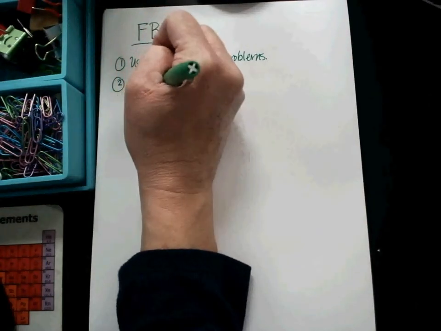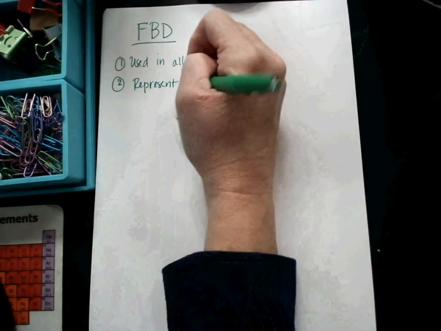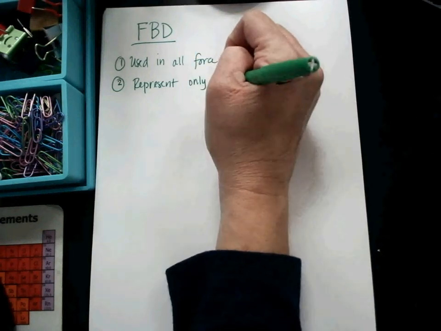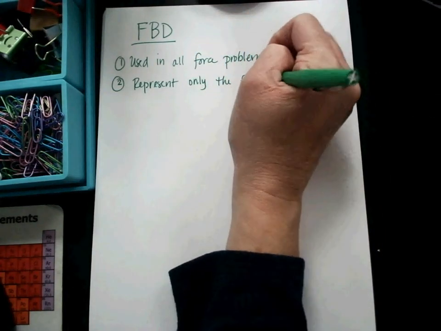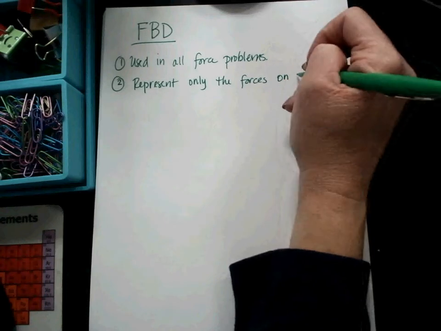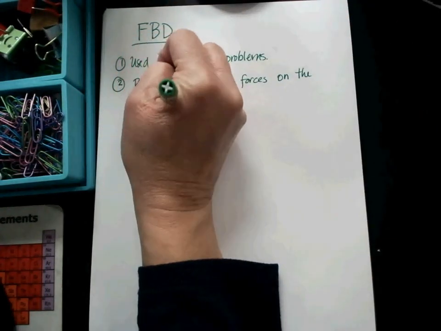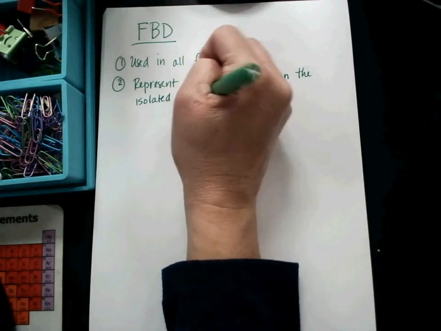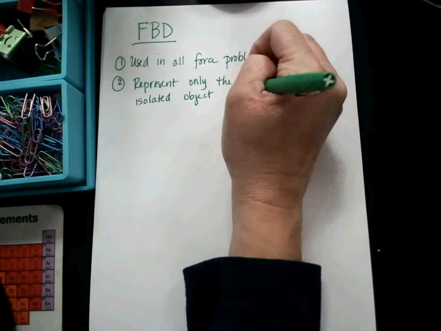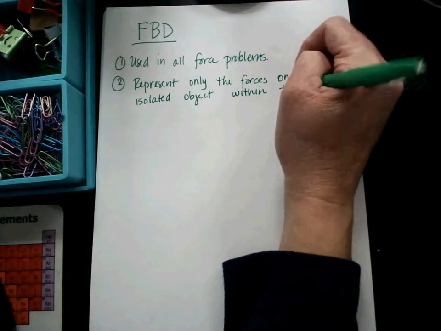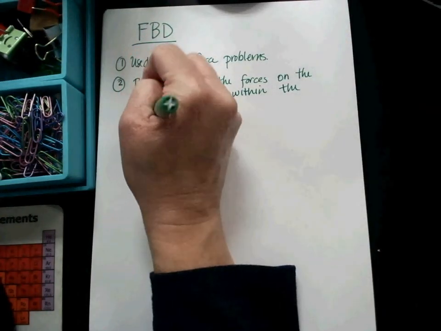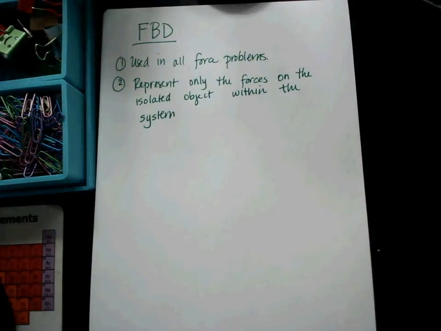They're going to represent only the forces, I would say, on the isolated object within the system. So I'm going to have a whole system that has a bunch of different things going on, and I'm only going to pay attention to one part of it.